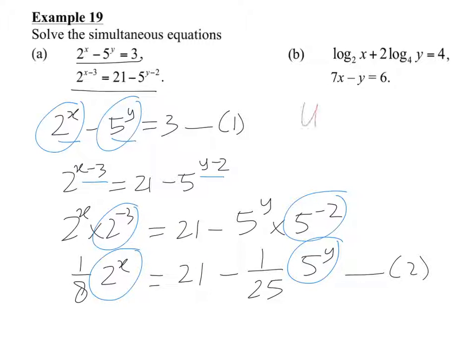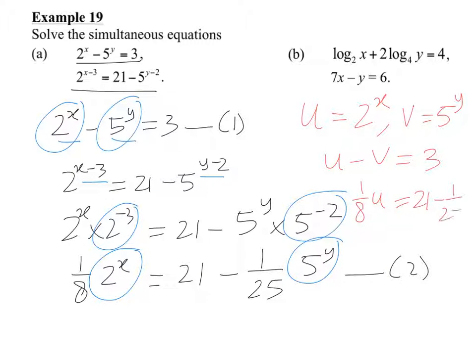If I let u be 2^x and v be 5^y, I can rewrite the equations. The first equation becomes u minus v equals 3. The second equation becomes 1 over 8 u equals 21 minus 1 over 25 v.